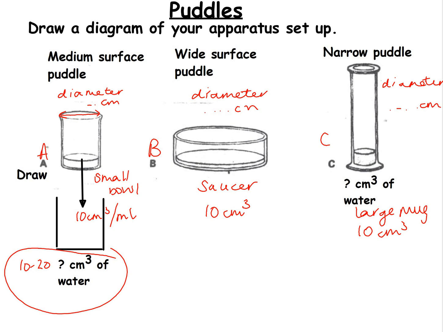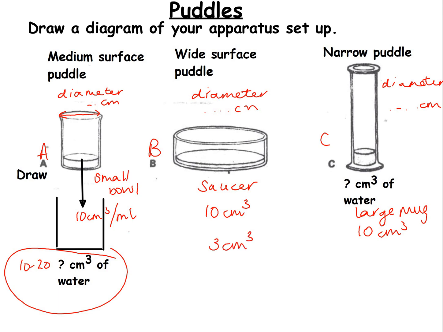Then I need you to leave them until perhaps either this afternoon or tomorrow, and go back, and if you've got a measuring jug, I want you to measure what's left. So there might be, let's say, 3 cubic centimetres left in my saucer.